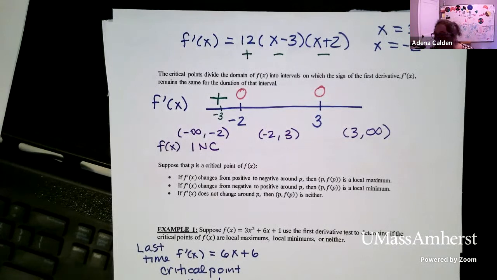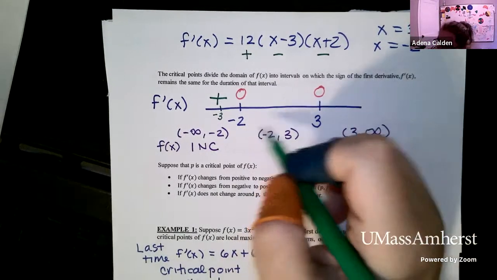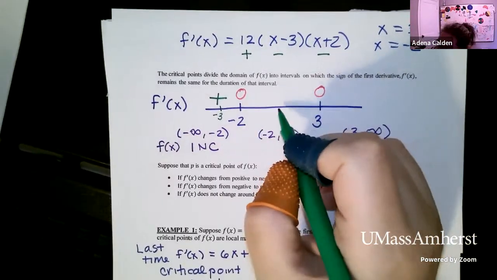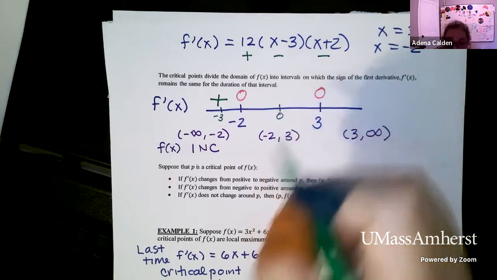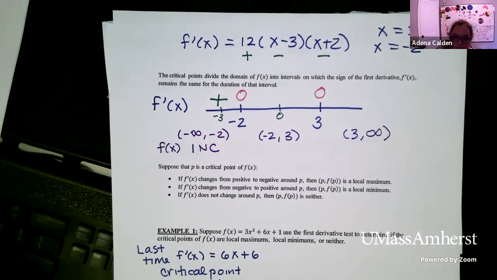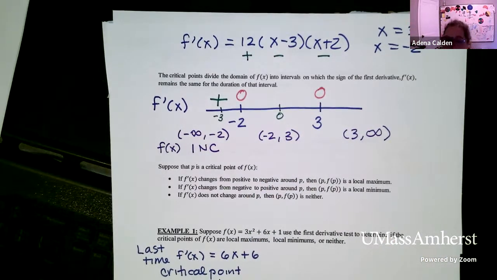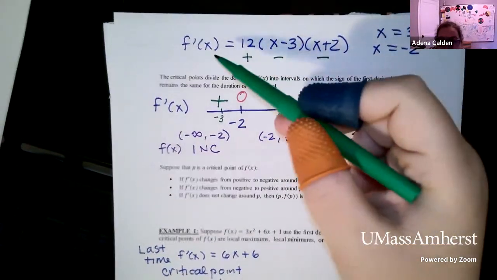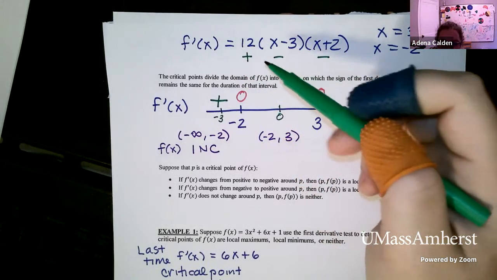Okay. Now, the next interval is -2 to +3. So I'm going to pick a number between -2 and +3. I'm going to pick 0, right? 0 and 1 are easy things to work with. And I'm going to do the same thing. I'm going to take my 0 and figure out if the first derivative is positive or negative.